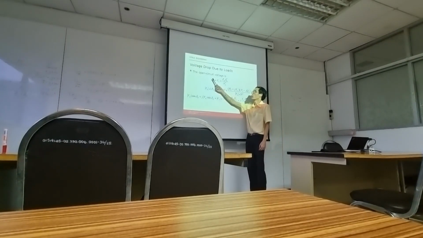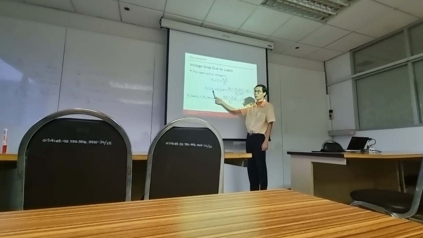We want to find the open circuit voltage, which is Vs. Vs will equal VL plus the voltage drop, Zs SL conjugate divided by VL conjugate. Vs has magnitude and angle. VL also has magnitude and angle, which we fix to 0.